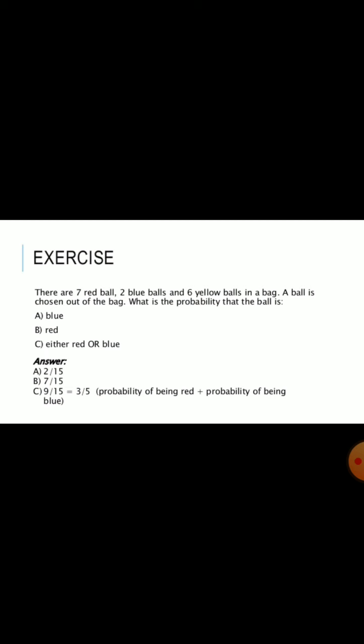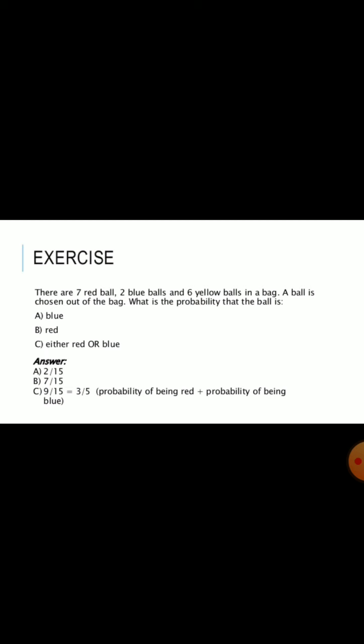Similarly, the probability of getting red ball is 7 by 15, because there are 7 red balls. And for the probability of getting either red or blue, if there is "or" in between the two terms, then we will add them.